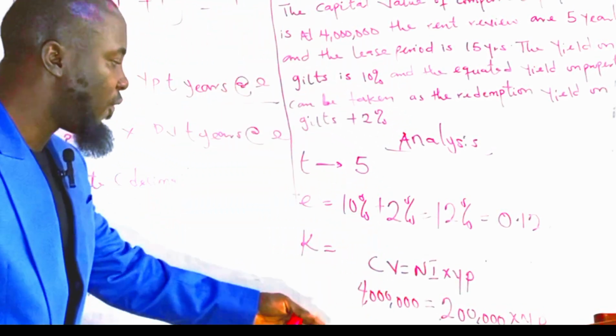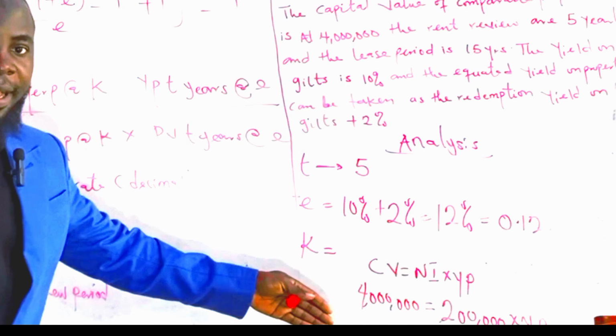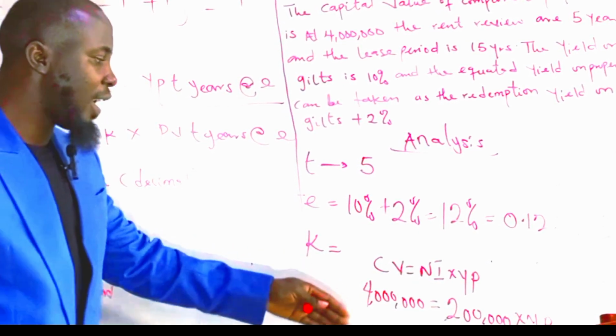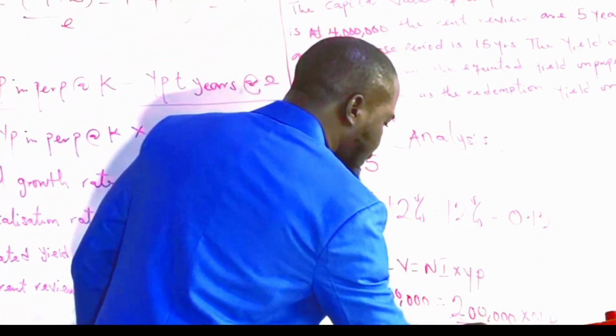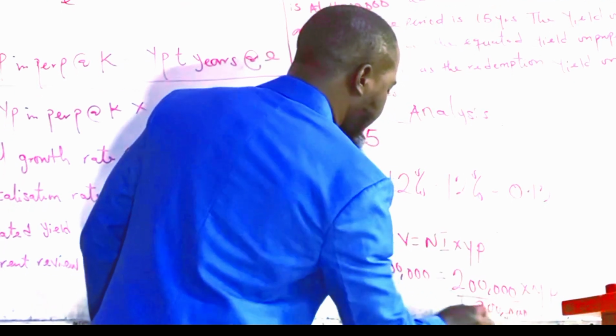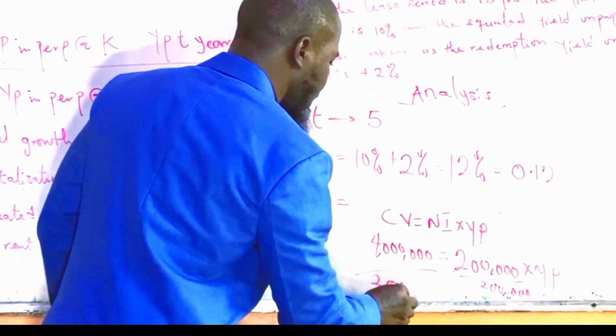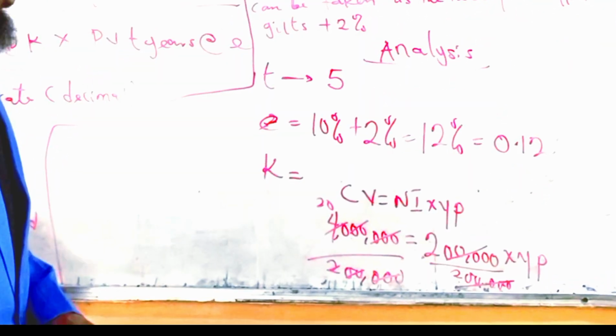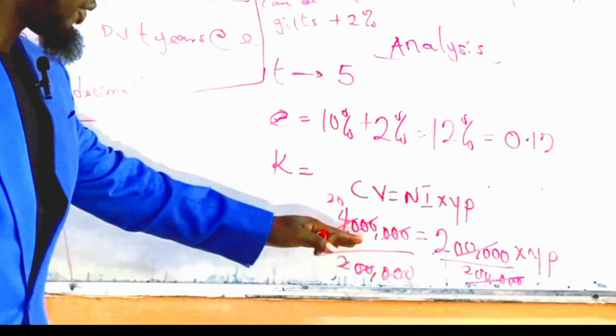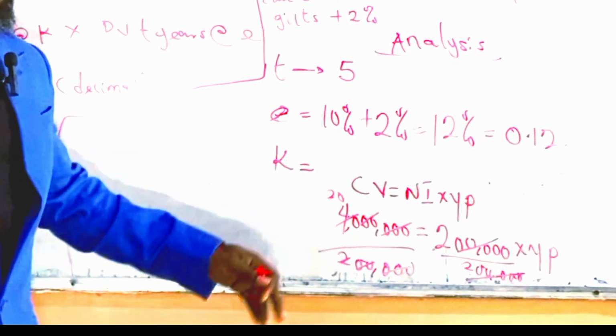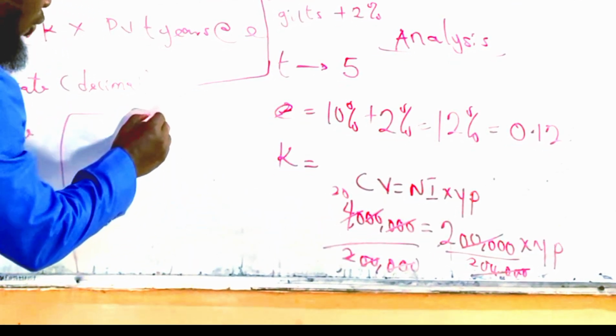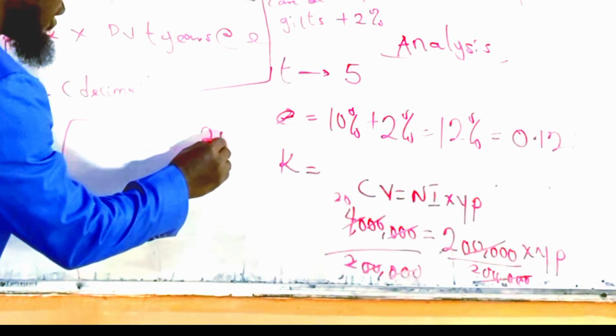Then the next thing is to divide by 200,000. When you divide 4 million by 200,000, you have YP equal to 20.